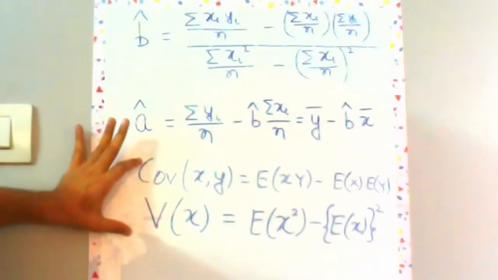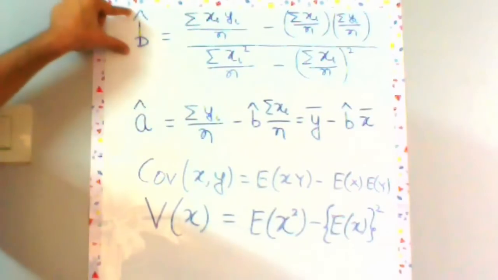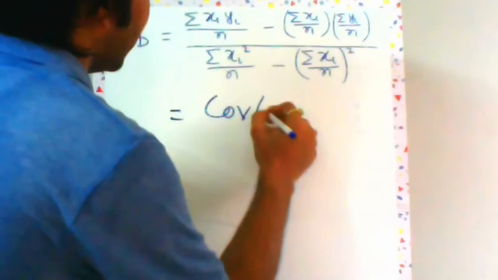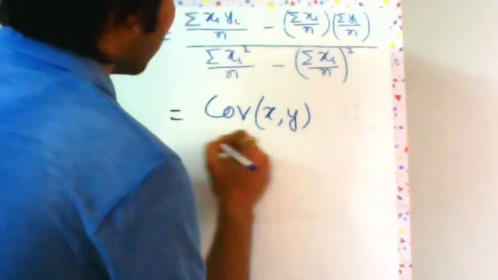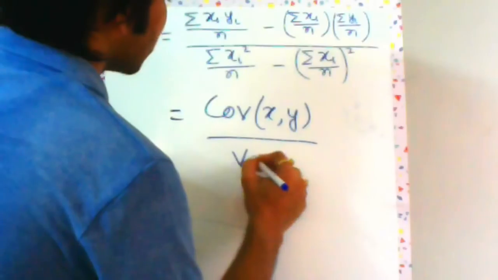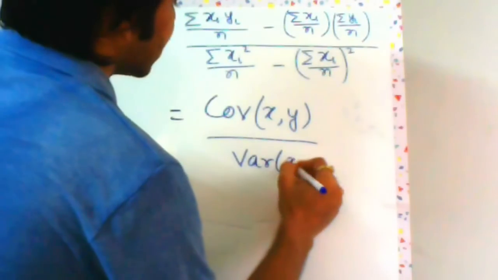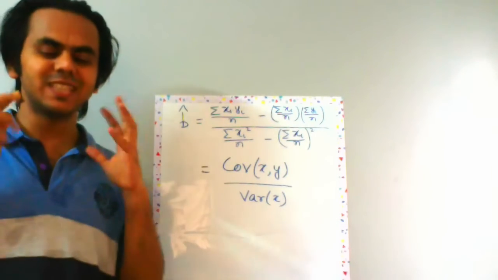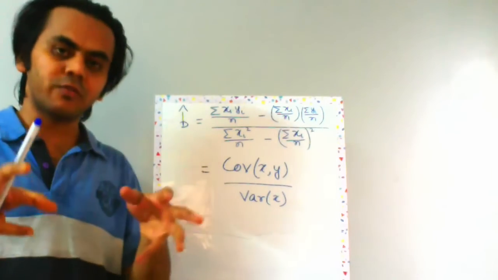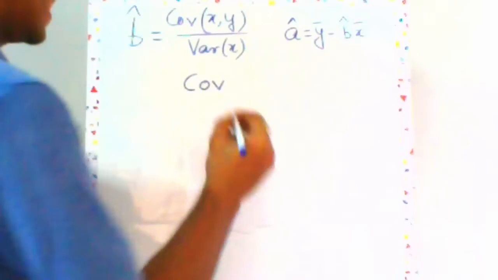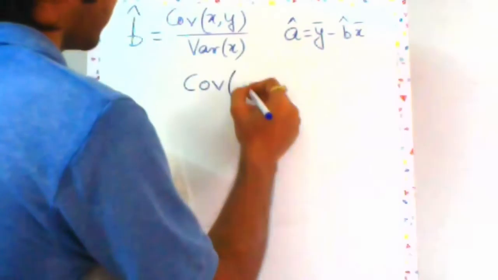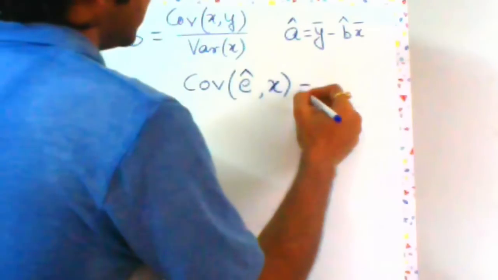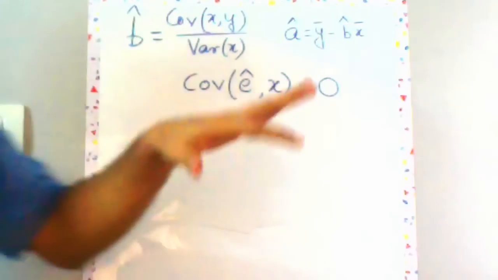So in effect, you will have B hat equal to covariance of xy upon variance of x. So now you have A hat as well as B hat. So let's jump into the next set of properties. Next is covariance of e hat and x is equal to 0. Let's understand why.